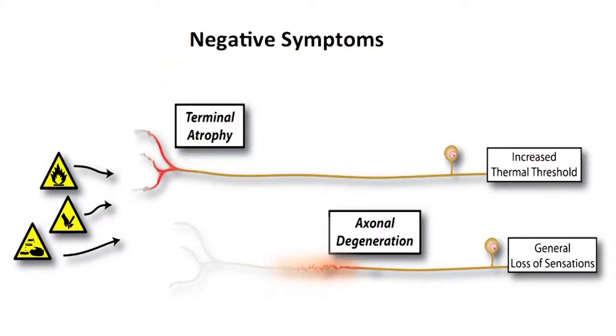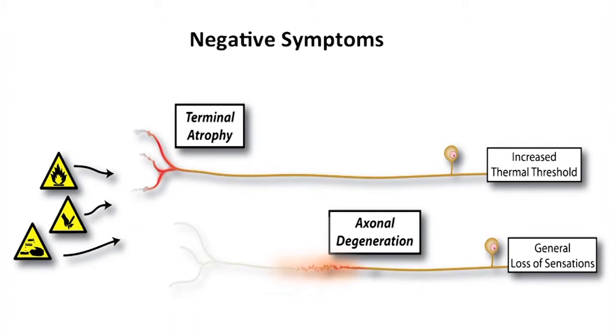I'm going to illustrate this by taking you through a series of scenarios illustrating how changes in the nervous system can produce particular features, particular signs and symptoms. We'll start off in the case of neuropathic pain by looking at negative symptoms, the loss of some function.